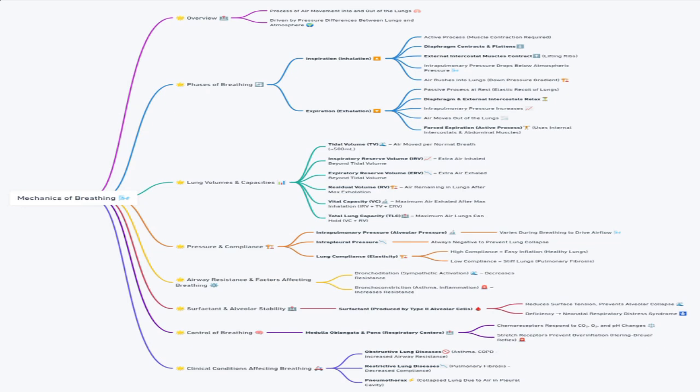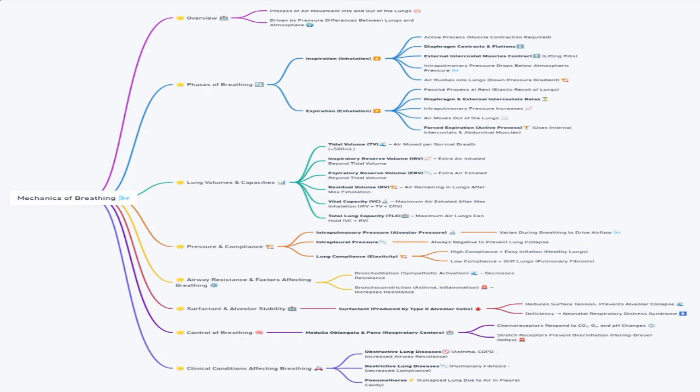So the lung tissue itself, the collagen and elastic fibers of the lung, and the surface tension forces in the lining of the alveoli are all factors. The surface tension forces are the greatest component of lung recoil. That's more than 50% of it.